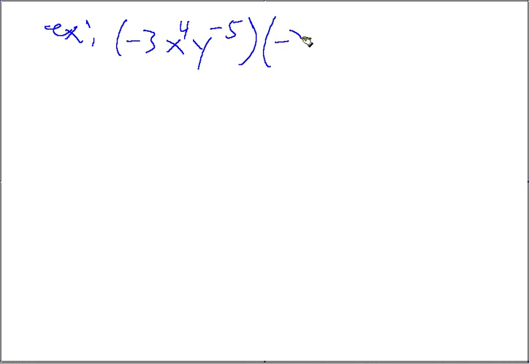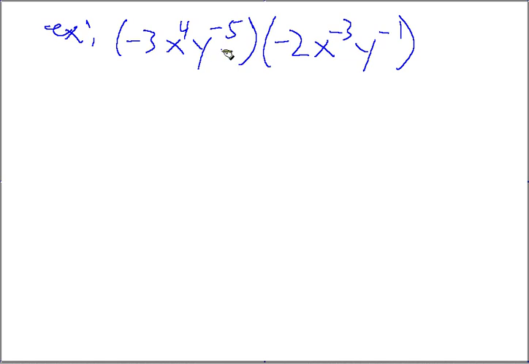The sketchpad's acting up on me once again, so sorry for the technology problem here. Negative 3 x to the 4th power, y to the negative 5th power. All right, that's much better. Times negative 2 x to the negative 3rd power, and y to the negative 1 power. Okay, so let's multiply these two exponential expressions.